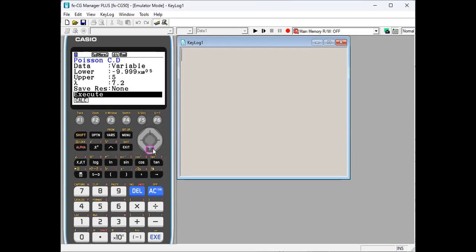Execute. Okay, so this is the probability. The p-value is 0.27589, so we can write 0.2759.